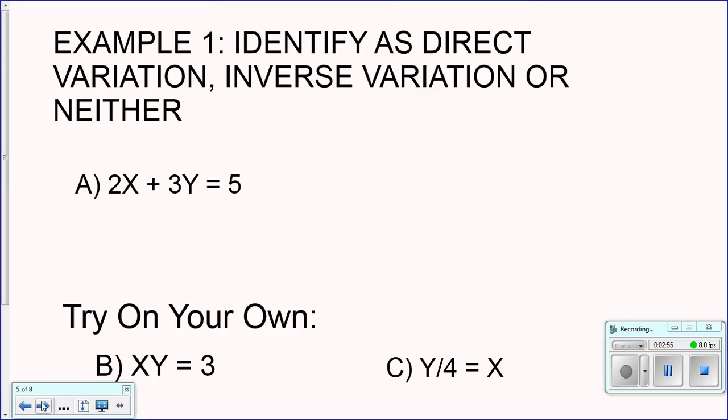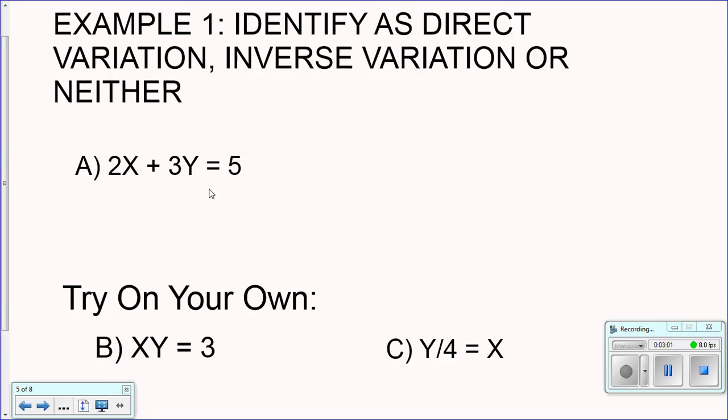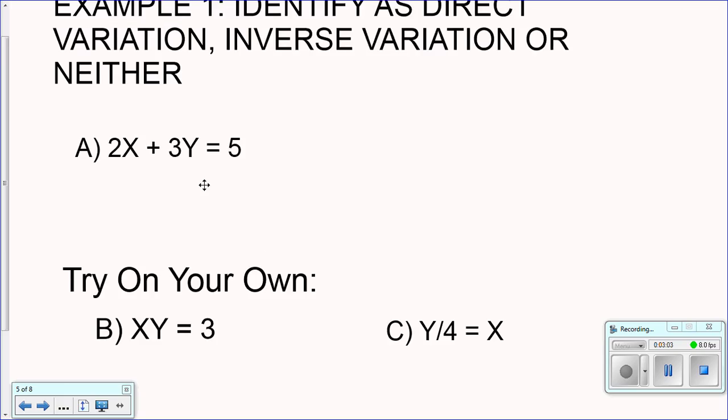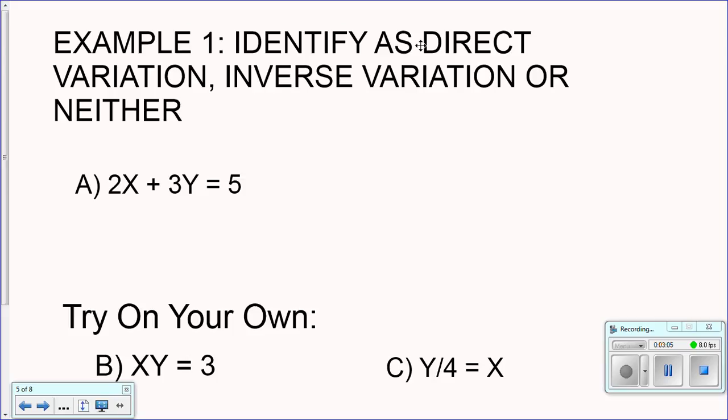Okay, so example 1: identify if it's direct, inverse, or neither. We're going to do A together, and you are going to do B and C on your own. In order to figure it out, we still need y to be by itself for both direct and inverse. So the very first thing we're going to do for A is subtract 2x from both sides. Now I get 3y equals negative 2x plus 5.